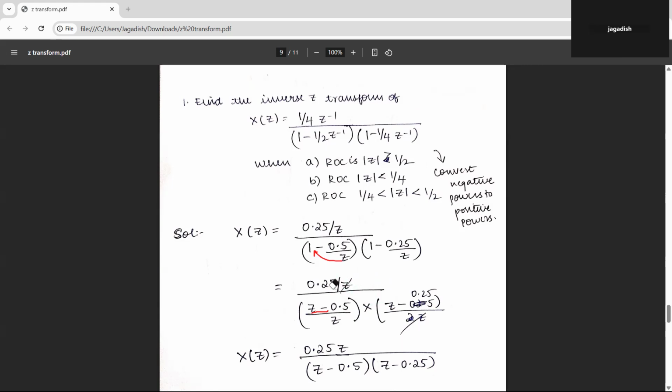So 0.25 divided by Z into, here Z into Z becomes Z square, so one Z and one Z get cancelled. The remaining one Z goes to the numerator. So it becomes 0.25Z divided by Z minus 0.5 into Z minus 0.25. Hope everyone understood this step.